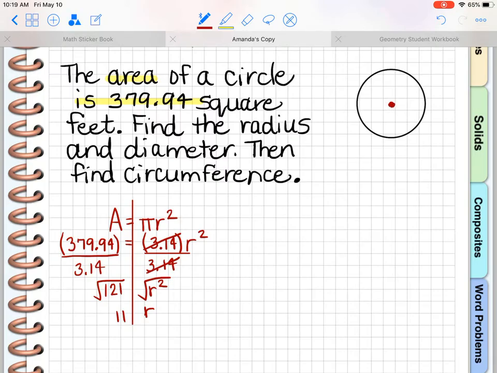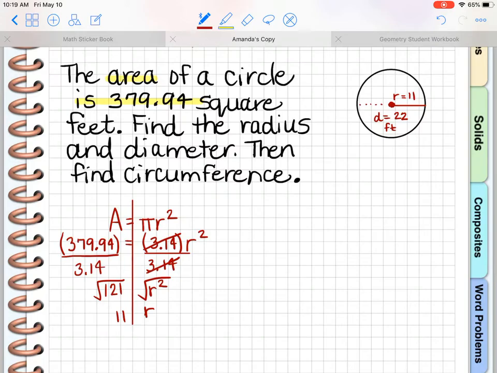If I can see a picture, I can understand so much better. So we found that r is 11, so d would be all the way across. That would be another 11. D would be 22, and this time we're dealing with feet.